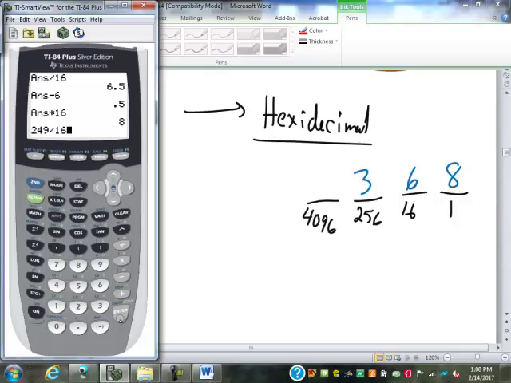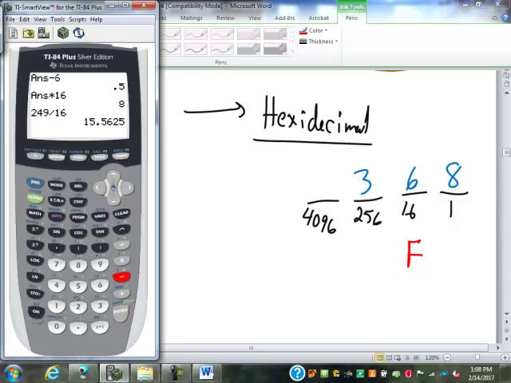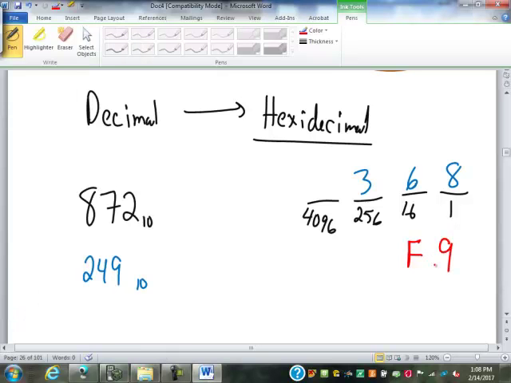So divide by 16 and we get 15, which is F. So we're going to subtract 15. Left with 0.5625, so times 16 again should give us 9. So 249 is F9 in hex. Does that make sense?